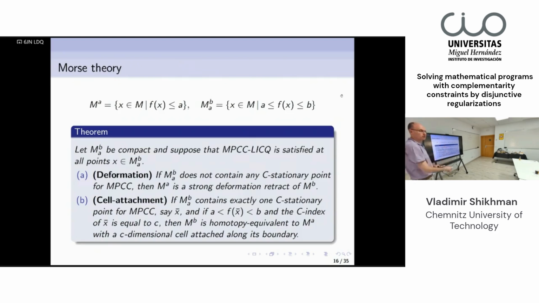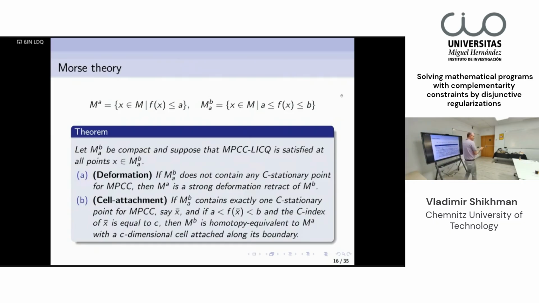Simply speaking, homeomorphic, not even just homotopic, homeomorphic to each other. Strong deformation retract, meaning that MA is smaller than MB, and you can deform MB to MA by a continuous deformation, like a homotopy.